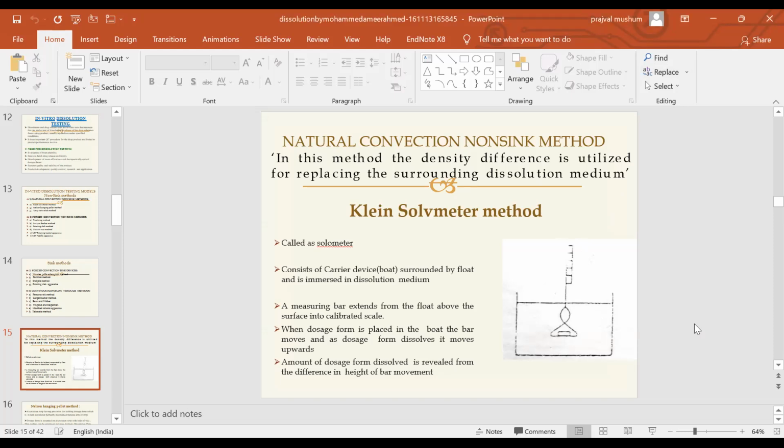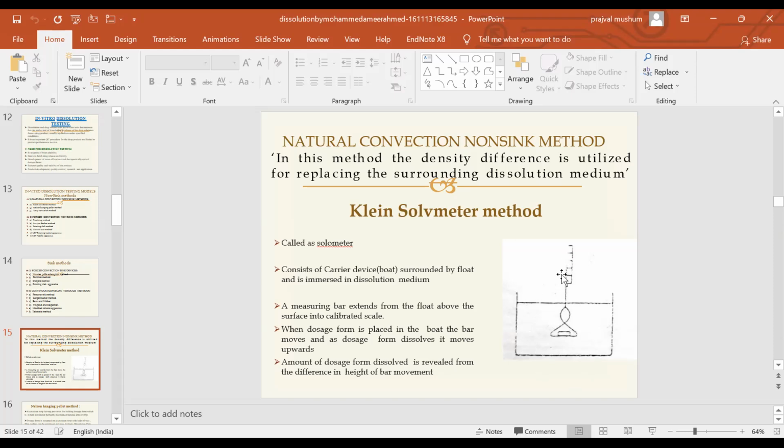So this consists of carrier device, float, measuring bar, calibrated scale, dissolution medium. The carrier device, that is the boat, is surrounded by the float. This is immersed in the dissolution medium, so the total assembly is immersed in the dissolution medium.